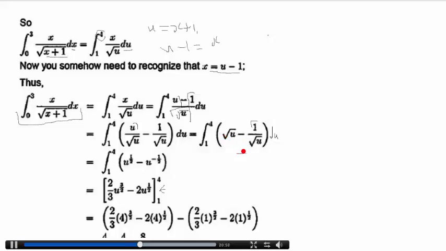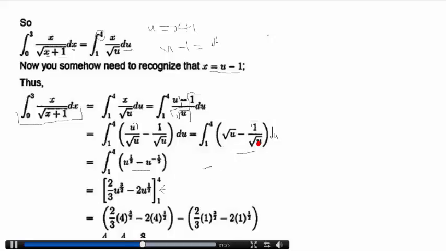So from here we can go to root u minus 1 upon root u. Root u can actually be written as u to the power half. The root of anything, let's use x, is basically x to the power half.